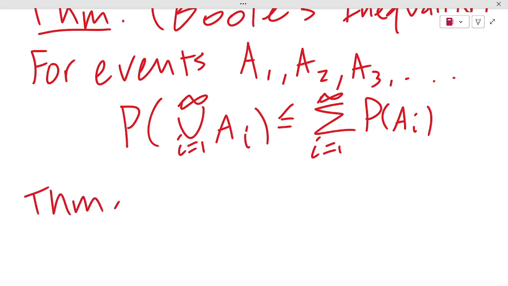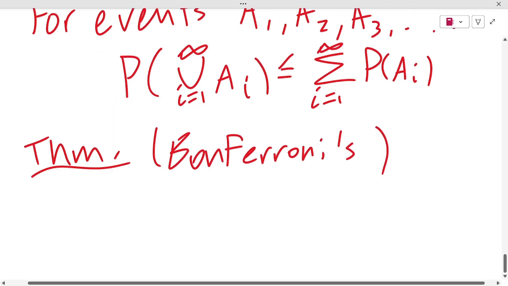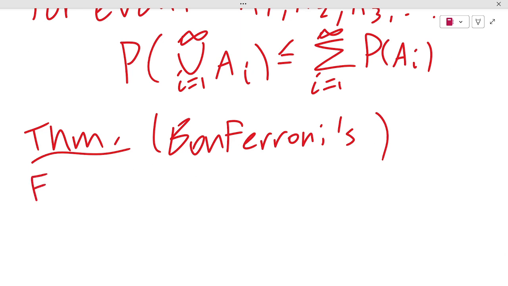Okay, the last theorem, similar to this one, is Bonferroni's inequality. It's another inequality. So it's a similar thing, but now it must be a finite collection of events.